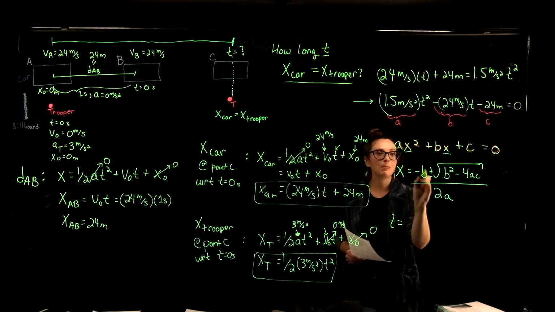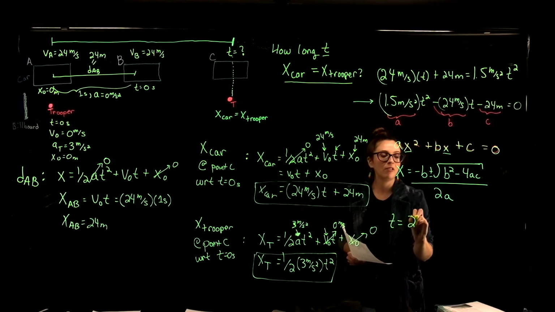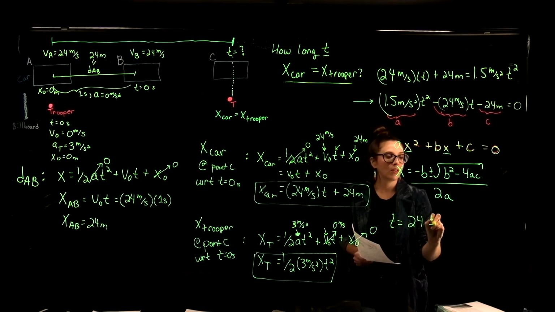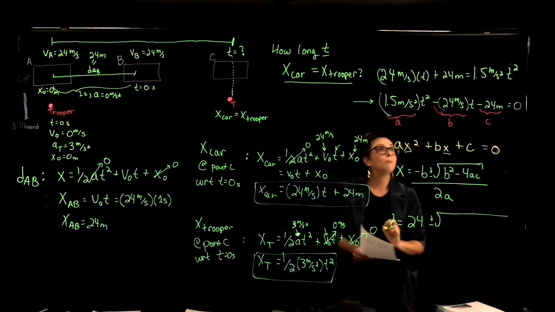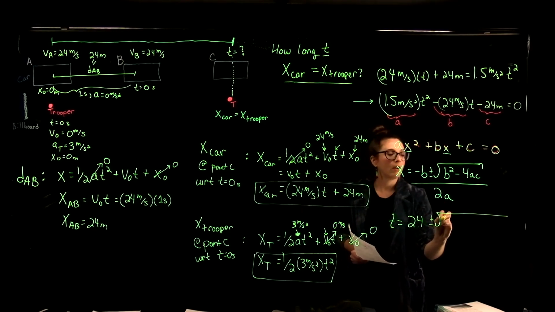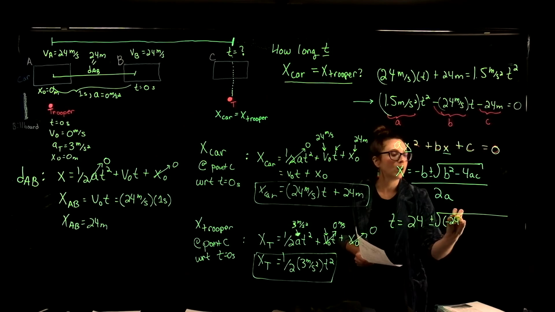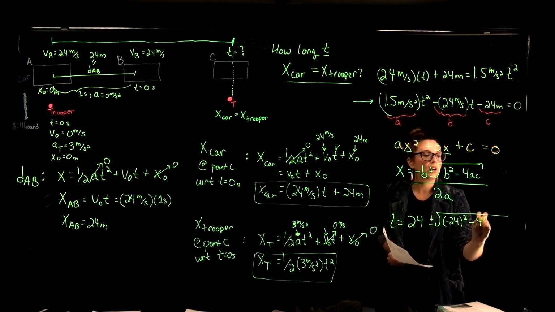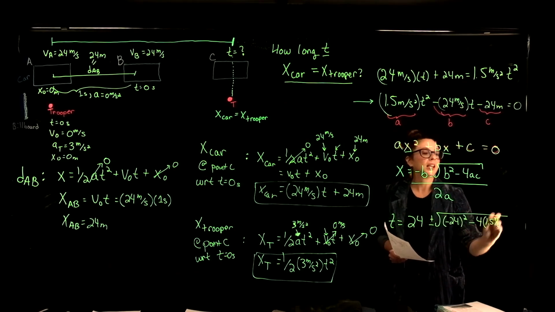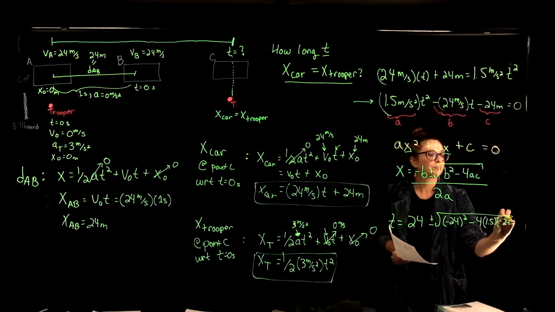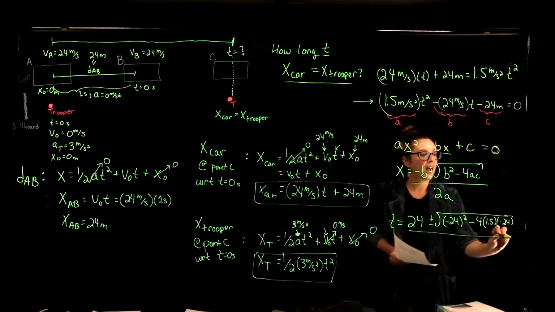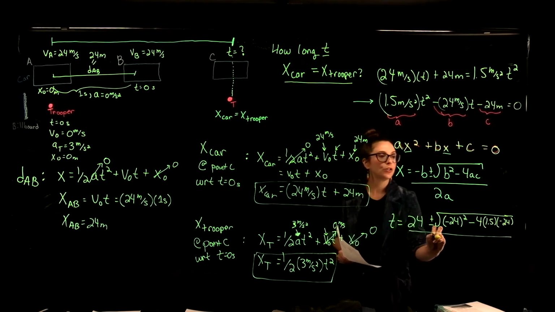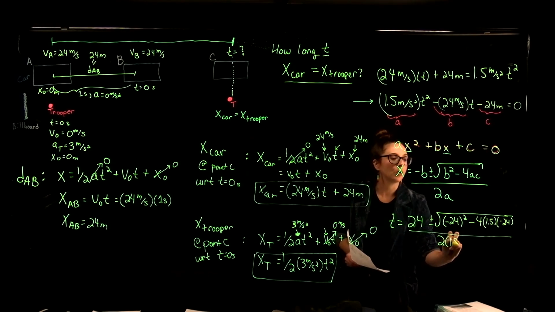So the minus b term here for us would be 24. I'm going to drop the units for now. Plus or minus, we've got the square root of b squared. So that would be minus 24 squared. And then minus 4a is 1.5. C is minus 24. And then we divide that all by 2 times a, which was 1.5.